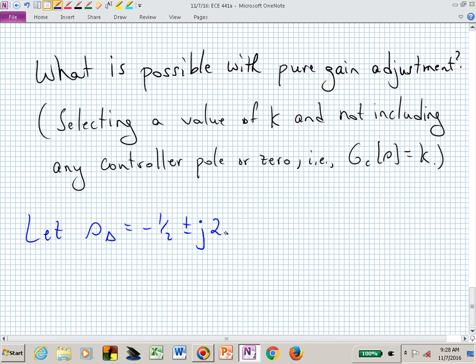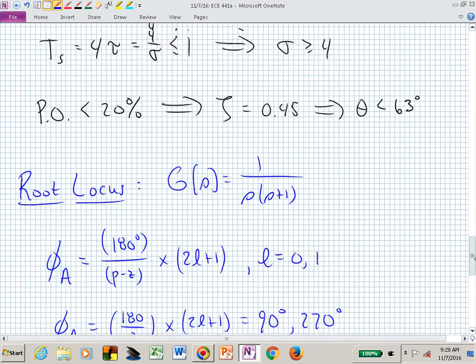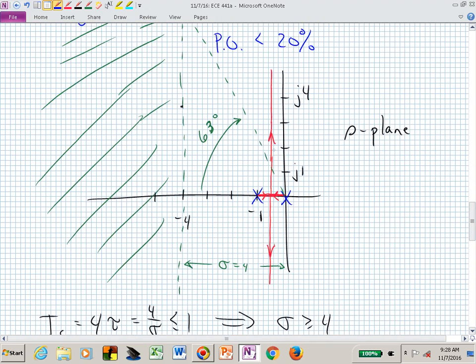Let's say that we now crank up the gain to get us to closed loop poles at minus 1/2 plus and minus J2, which in our diagram says that we are now wanting to locate our closed loop poles at those two locations, where I'm assuming that.